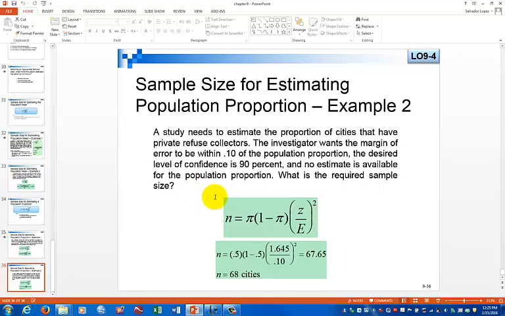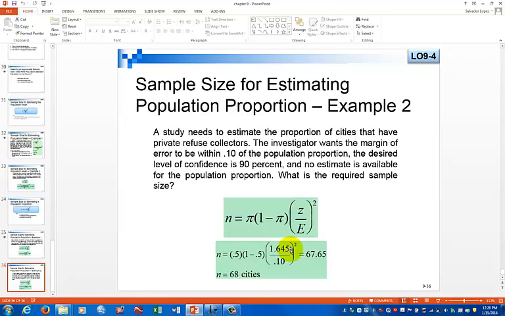Well, if we don't have the population proportion, we need to insert 0.5, as I told you before. So just put 0.5 times 1 minus 0.5 times, if you look at the Z table, when the confidence level is 90%, the value of Z is 1.645.